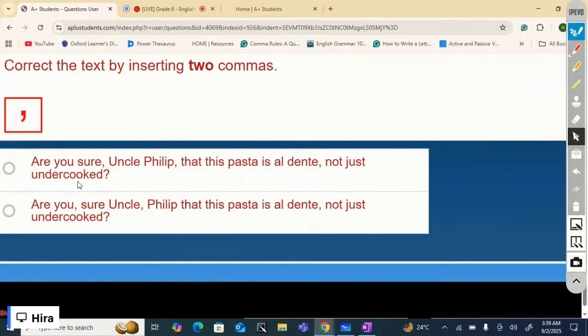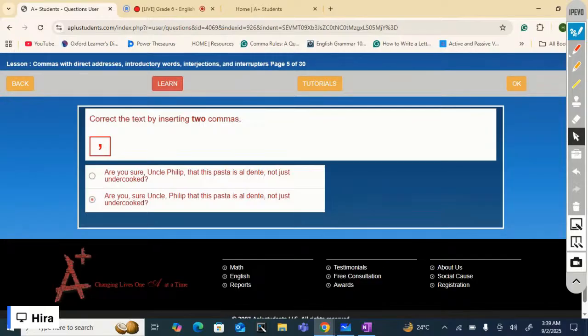Excellent. Option one again. Sorry, by mistake, I selected the second one.